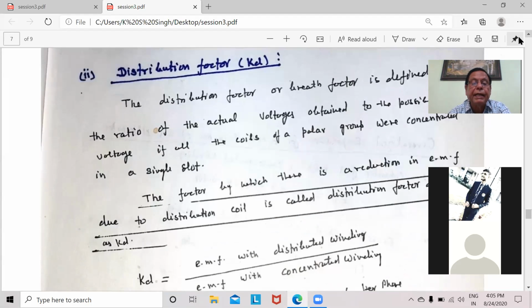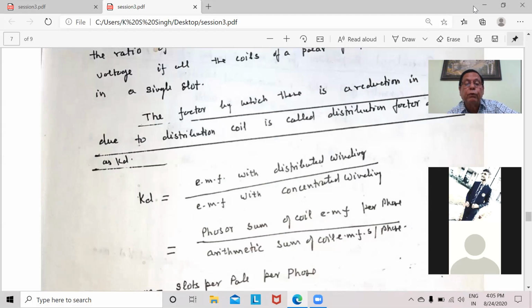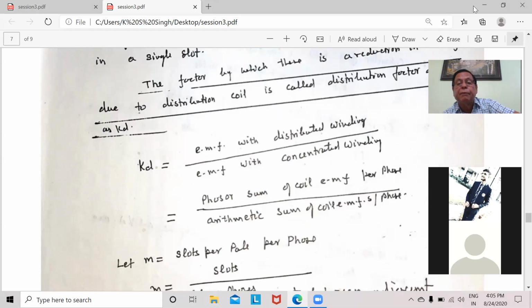We can say that Kd is equal to the EMF with distributed winding upon the EMF with concentrated winding, that is, the phasor sum of coil EMF per phase and the arithmetical sum of coil EMF per phase.